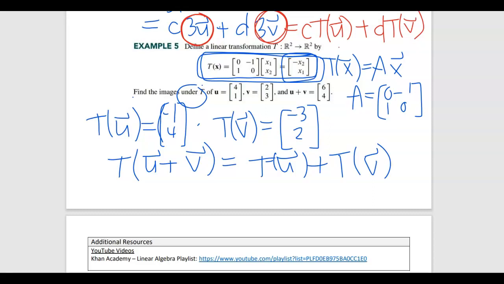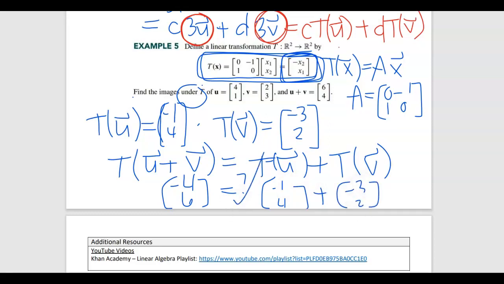T(u + v) is going to end up giving me (-4, 6) by this rule: switch and make the top one negative. Is that equal to, well, we already found T(u), which was (-1, 4), plus (-3, 2), and you can check, and that is true.